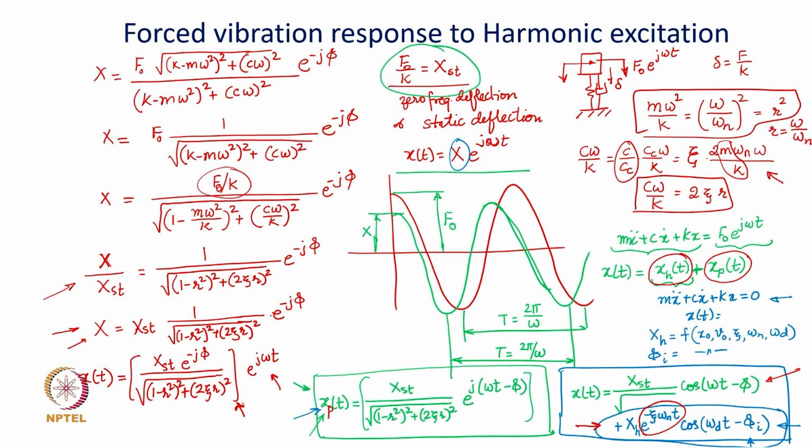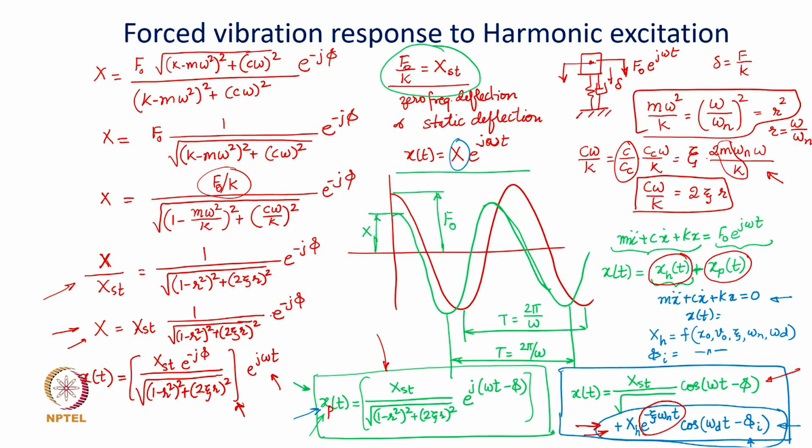And therefore, in practice we are all the time concerned about this value rather than this particular value, okay, because that amplitude quickly dies down because of the presence of damping in the system. If you do not have enough damping, if the damping is almost 0, then you need to consider the second part of the solution.